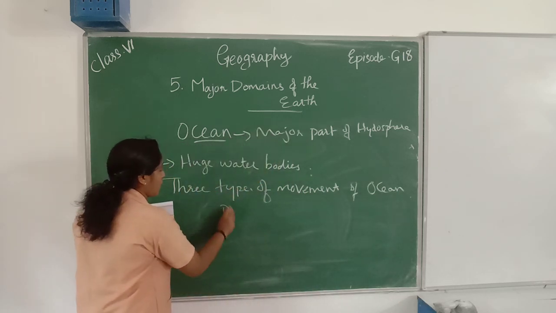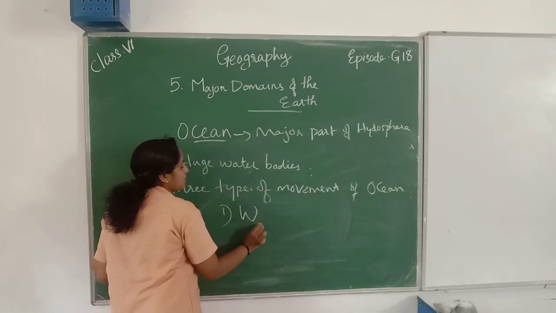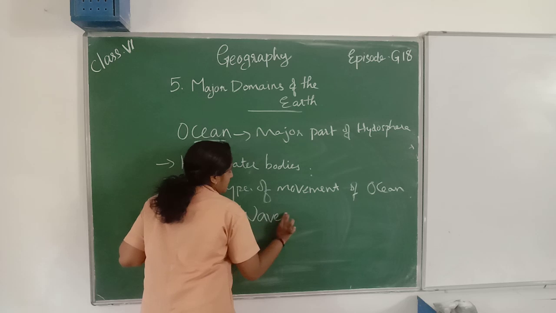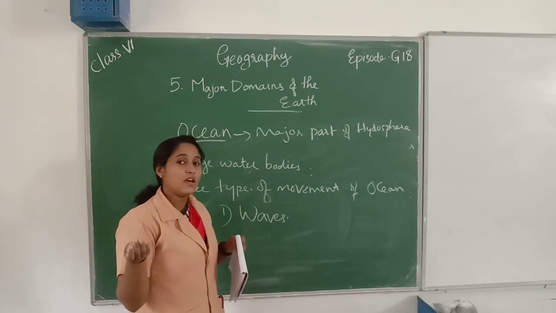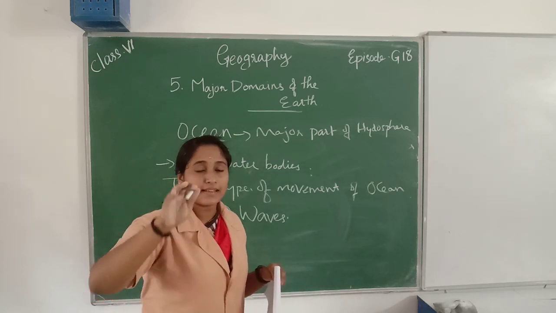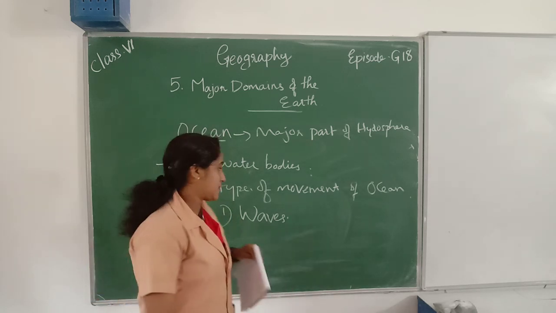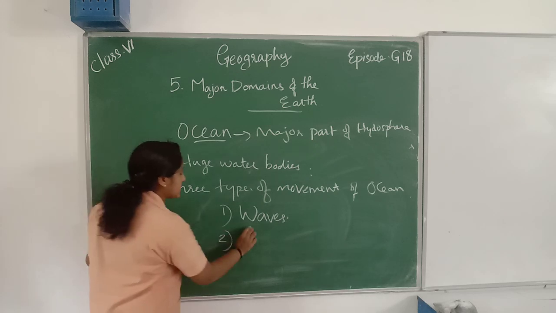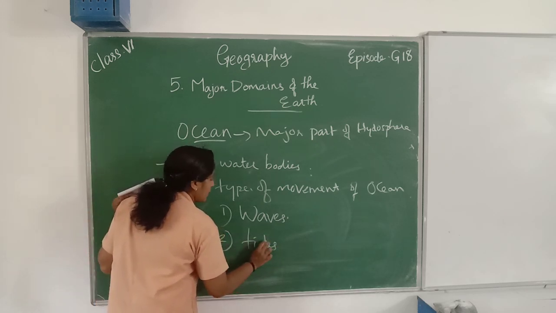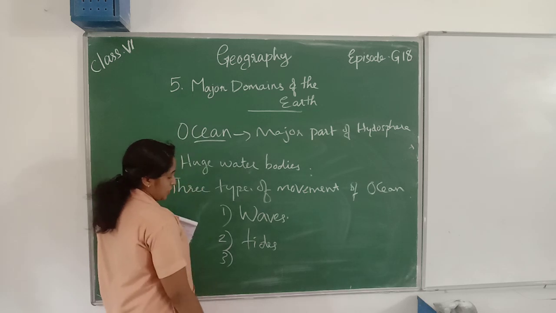First one is of course waves. What do you mean by waves? We can see the movements in the ocean and sea, and these types of movements are called waves. Okay, the second one is tides, and the third one is ocean current.